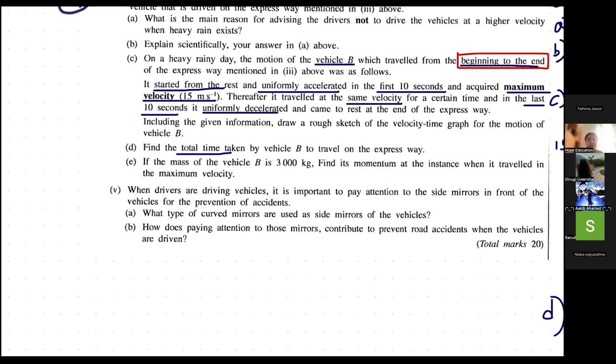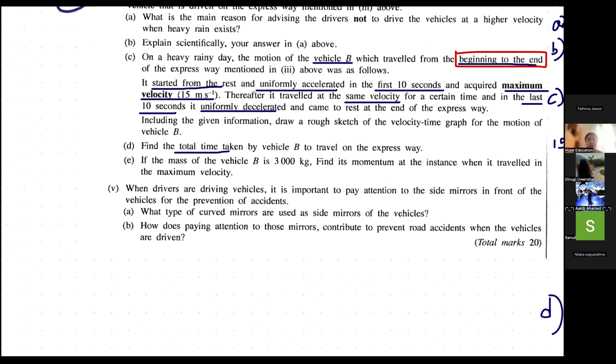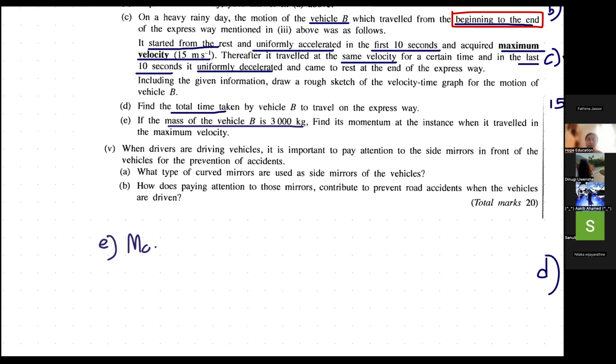Then E. If the mass of the vehicle B is 3000 kg, find its momentum at the instance when it travels at the maximum velocity. We know how to find momentum. Momentum equals mass times velocity. Mass, they say it's 3000 kg.